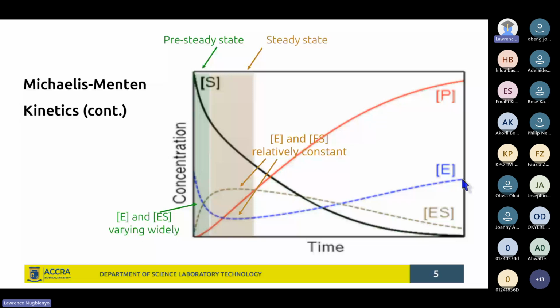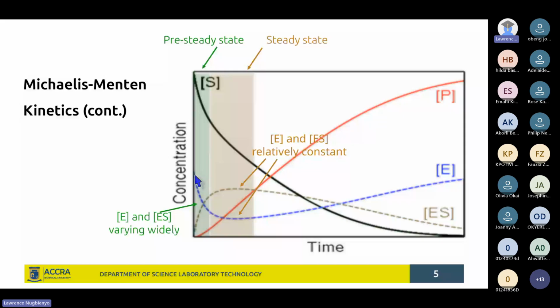Once all the enzyme substrate complex gets converted, because remember the enzyme substrate complex is an intermediary in that reaction, it will eventually get converted to product, where the product dissociates away from the enzyme. And so you see that the concentration of the enzyme at the end of the reaction is equal to the concentration of the enzyme at the beginning of the reaction. Remember, the enzyme is only a catalyst. It's just catalyzing the reaction.